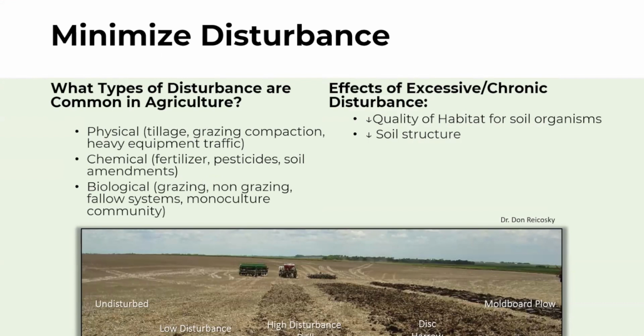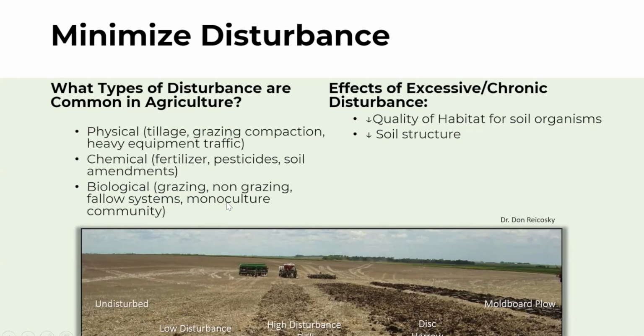All of those are major physical disturbance that can really damage soil health. Chemical disturbances are pretty real too, though. Fertilizers, pesticides, soil amendments can be chemical disturbances, especially if they are not adapted properly for that situation. And some of them really would be better off minimized if we have alternate options.